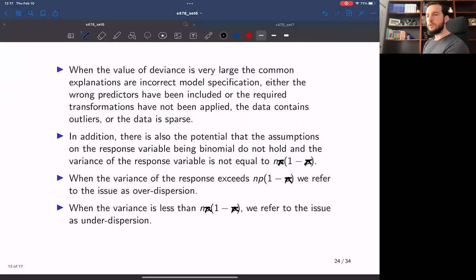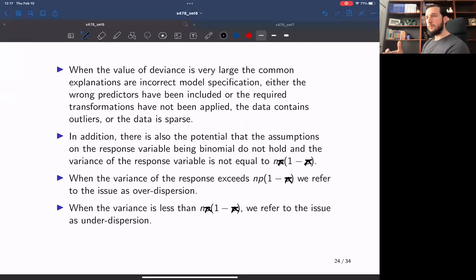In the situation where we are working with binomial GLMs, the variance of a binomial random variable is n times pi times 1 minus pi. So n times the probability of success times 1 minus the probability of success.